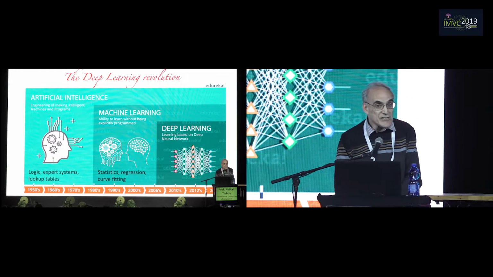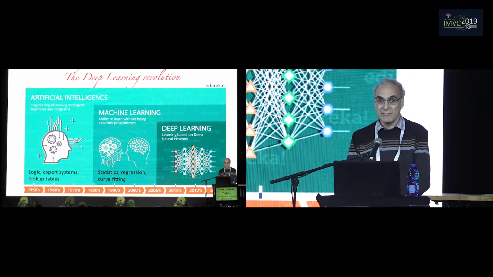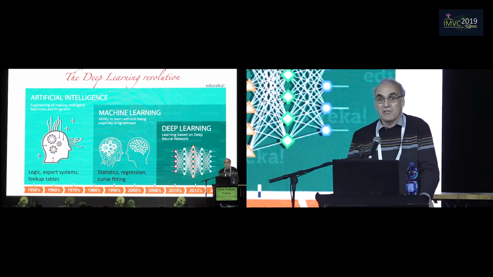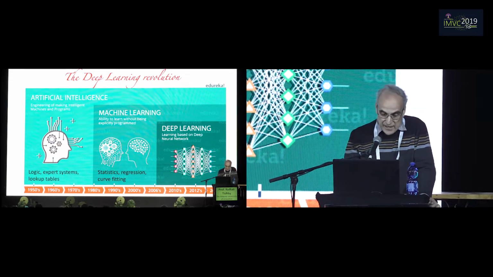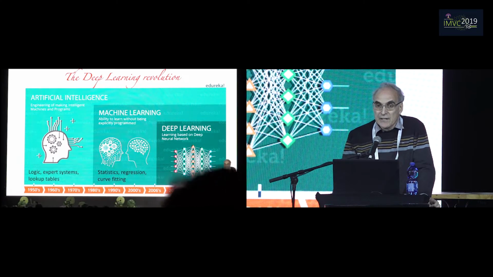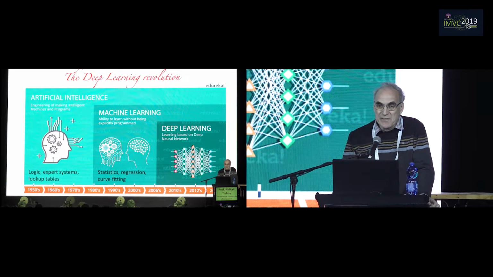High-dimensional regression problems or curve fitting, which is essentially all that machine learning was until about 10 years ago, when this idea of neural networks came back in this new form that we now call deep learning, with many, many layers of neurons, and I'm sure that all of you know something about it or use it all the time.